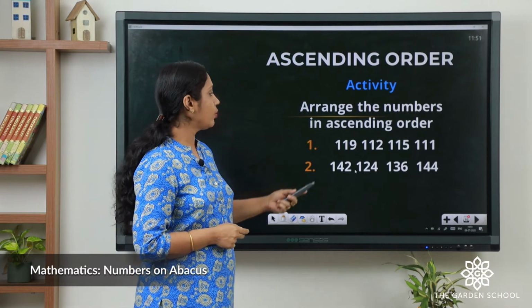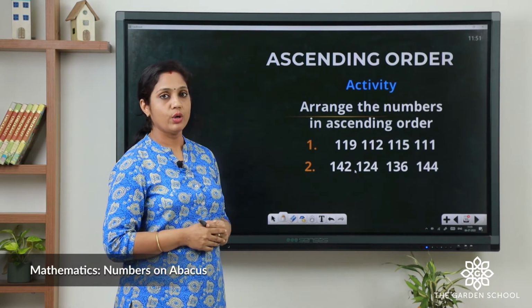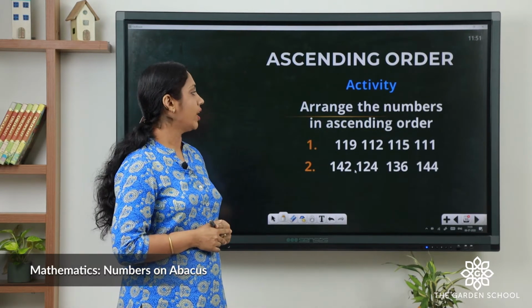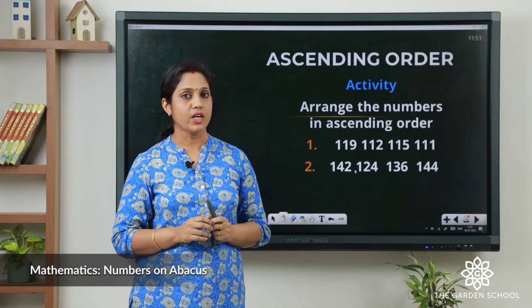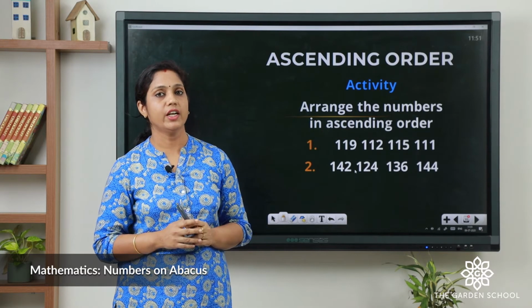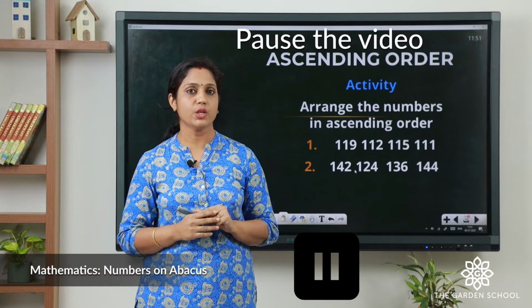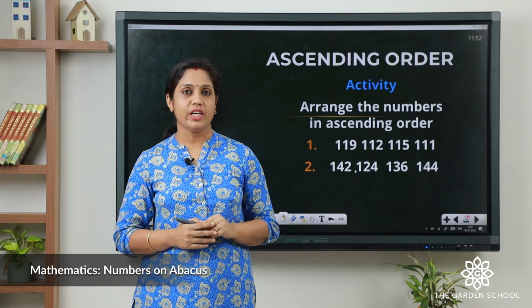The second question we have 142, 124, 136 and 144. We have to arrange this in ascending order. So first we have to find out the smallest number. You can write it down in your notebook, you can pause the video and once you have done, you can come back. Hope you all are finished doing it.